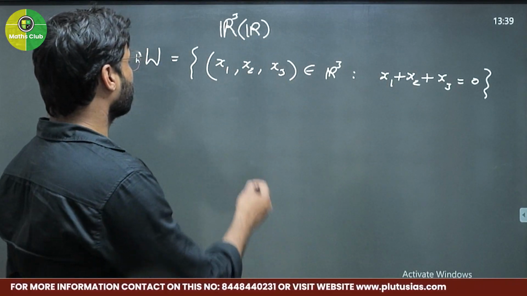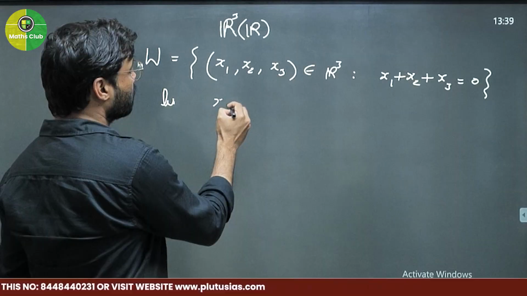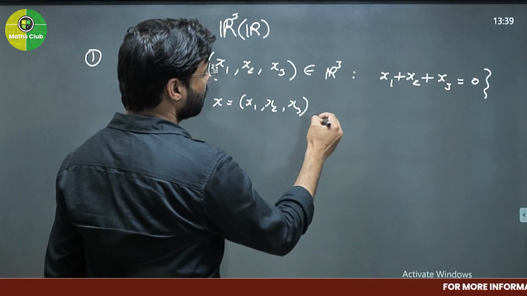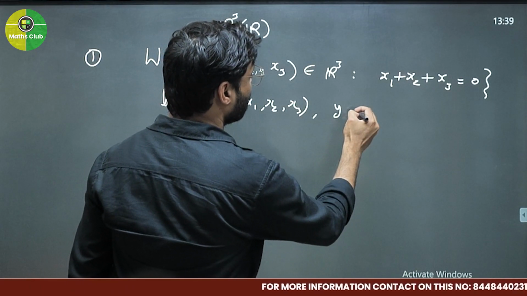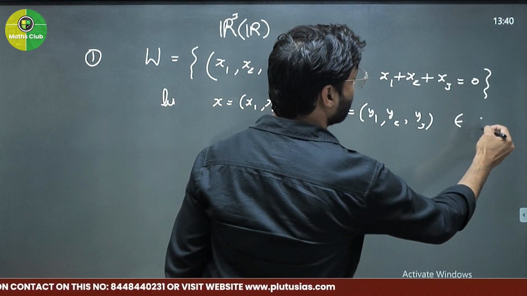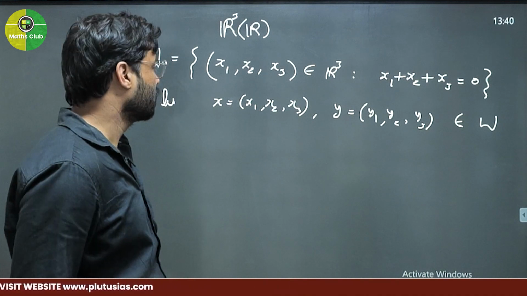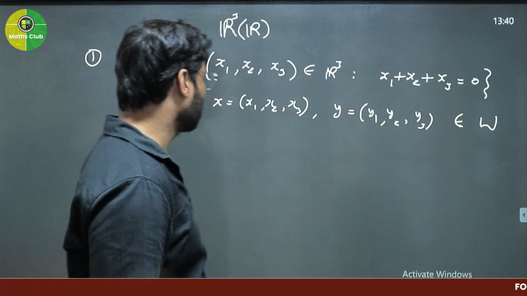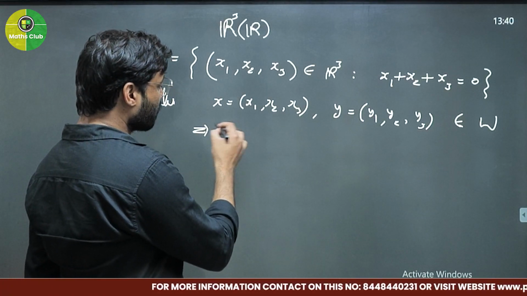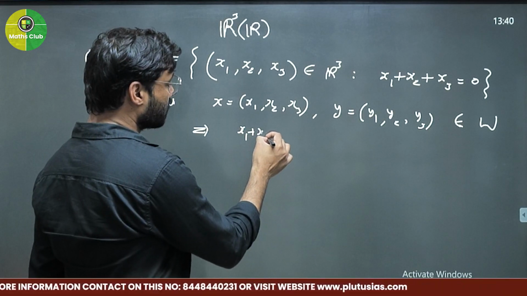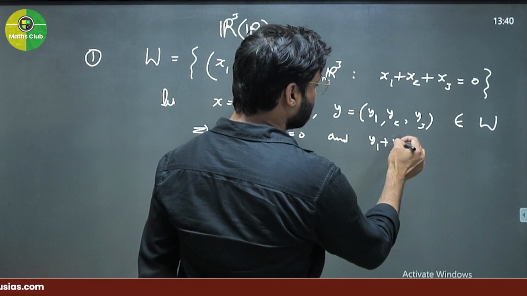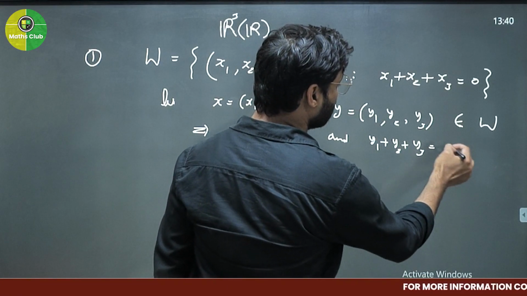So here, let x equal to (x1, x2, x3) and y equal to (y1, y2, y3) belong to W. That means x1 plus x2 plus x3 equals 0 and y1 plus y2 plus y3 equals 0.